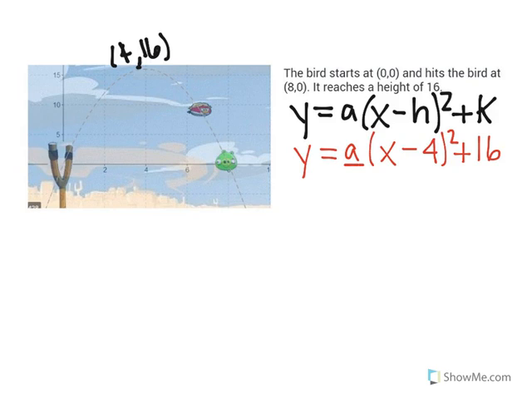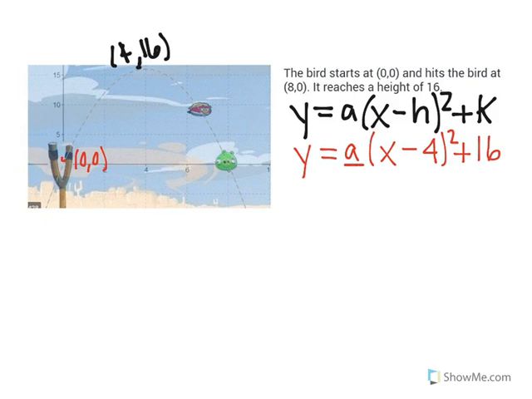And in order to do that, I need to figure out something to plug in for x and y. We know that the bird started at 0, 0. So I'm going to use that point and plug that in for x and y in order to solve for a.